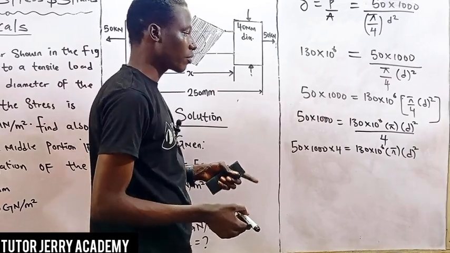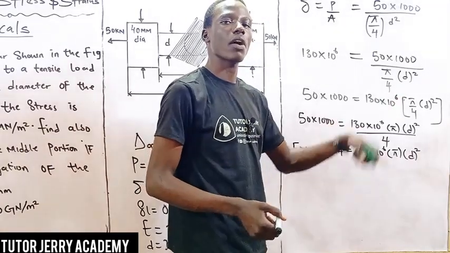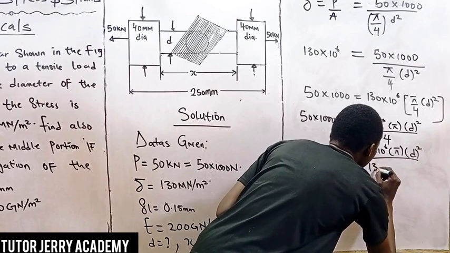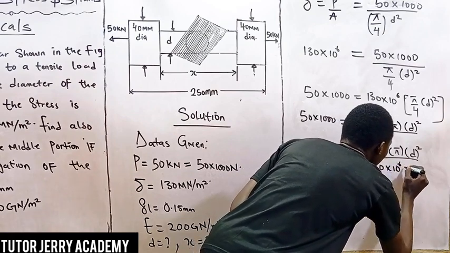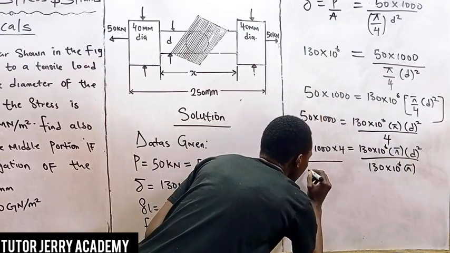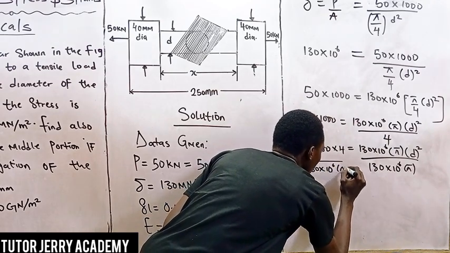So next, I'm going to be dividing both sides by 130 times 10 to the power of 6 multiplied by pi.